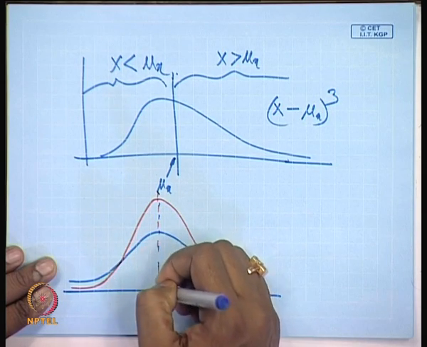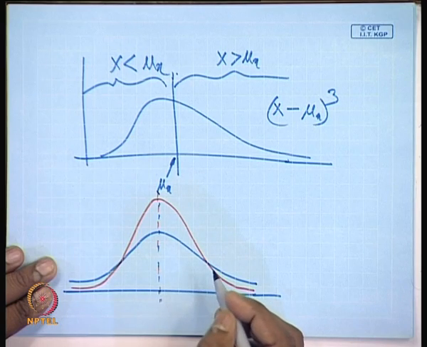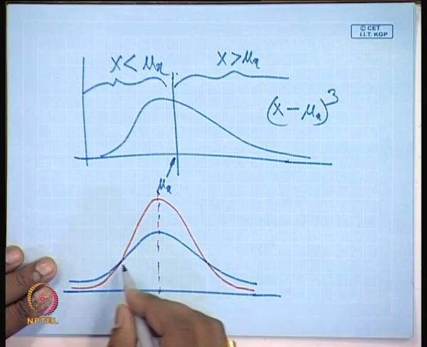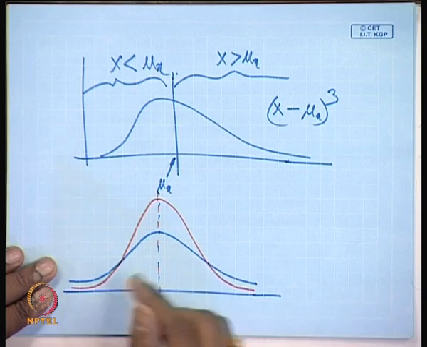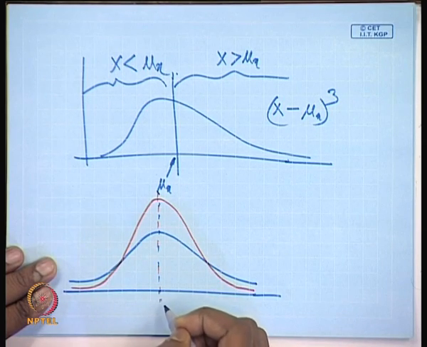So the first moment is the same, the second moment, the variance, also will be the same. If we just see the total thing, we will see that the variance of these two distributions with respect to the mean will be the same.